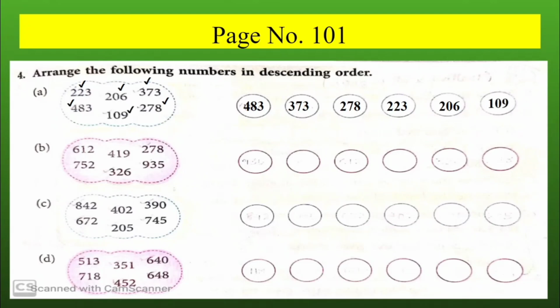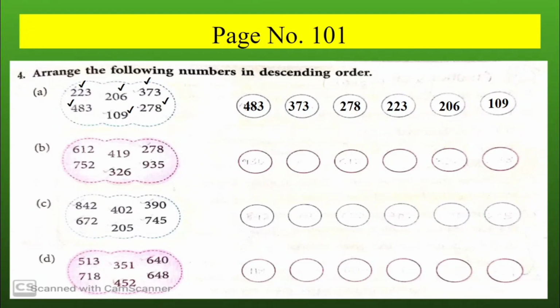So here we have arranged the numbers in the descending order, that is from the greatest to the smallest number. Now let us do another part also. B part. So here the numbers are 612, 419, 278, 752, 326, 935.